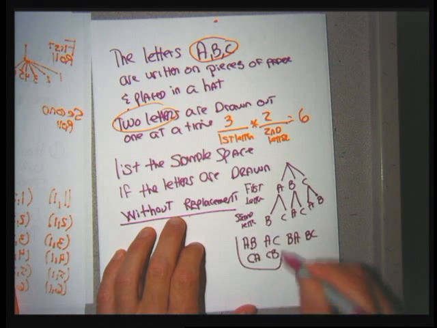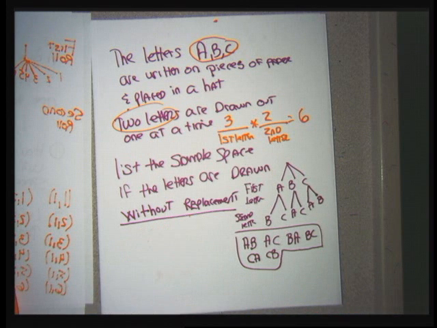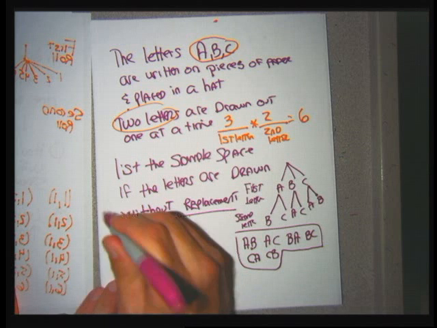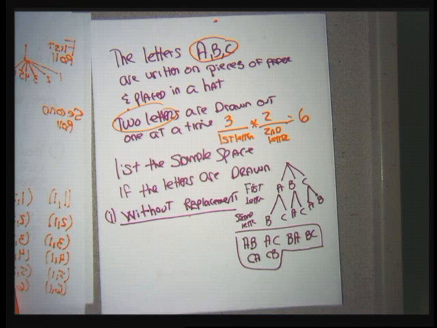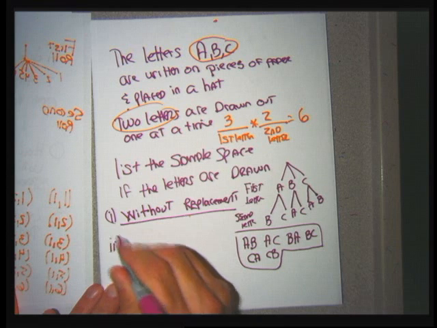If I count these up, there's 6 elements in my sample space. So if our author uses the words without replacement and he wants us to list the sample space or count the number of elements in the sample space, I have to increment down as I make my second choice here.